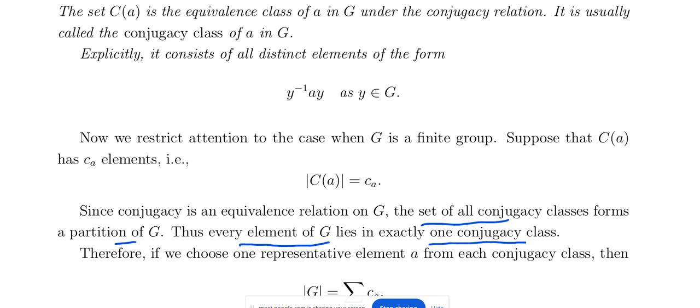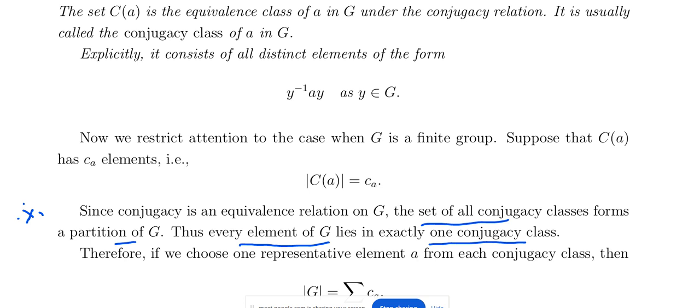So every element of G அப்படினா இந்த conjugacy class எல்லாத்தையும் add பண்ணீங்கன்னா we get the number of elements in G. Am I correct? Every element of G lies in exactly one conjugacy class. நிறைய conjugacy class இருக்குன்னா, that is C of A, C of B, C of C, like that. Every element exactly ஒன்ல இருக்கும். இந்த ரெண்டு பாயிண்ட்டுமே ரொம்ப important point.